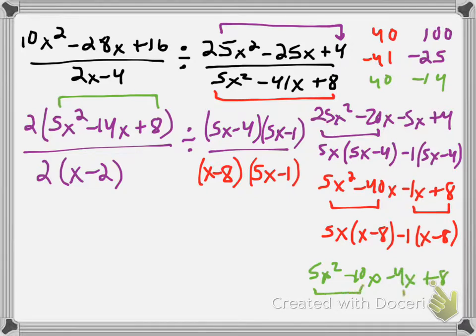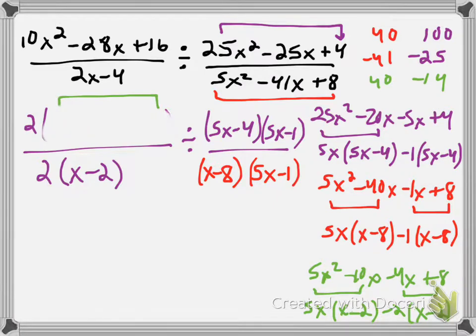And then when I group, they have a 5x in common, leaves me with x minus 2. These have a negative 2 in common, leaves me with an x minus 2. That big long expression has an x minus 2 in common, and that leaves me with a 5x minus 2.